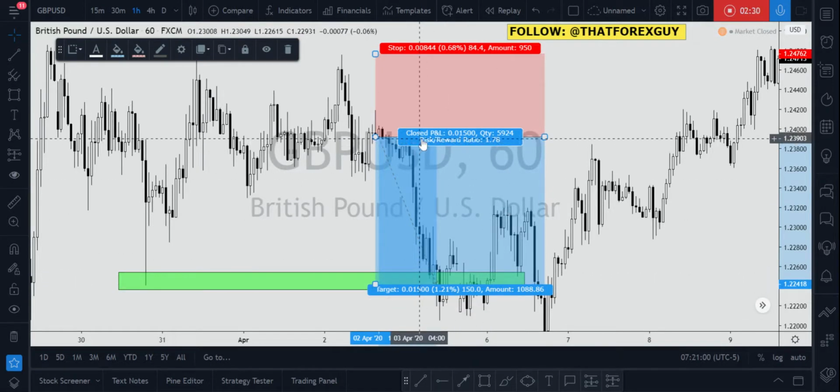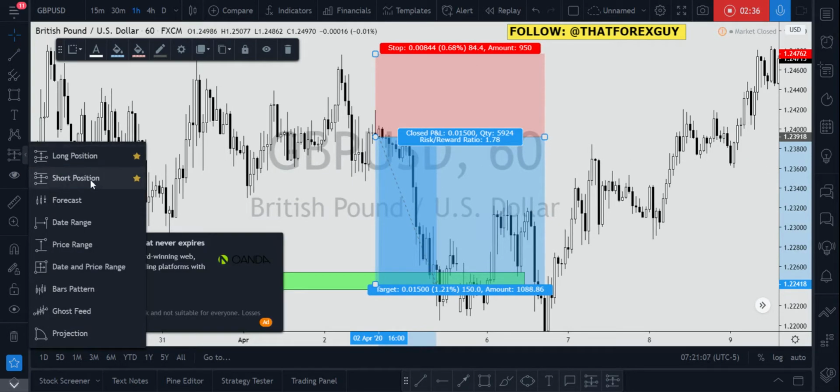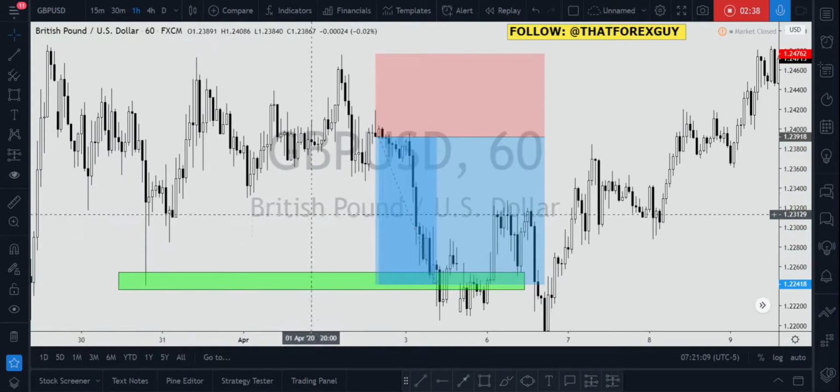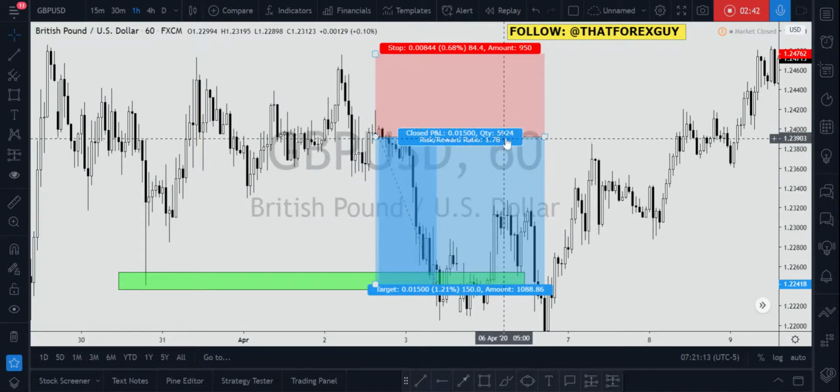We could see that our risk to reward, and also think about this short and long position tool, which is right here, basically tells you your risk, your reward, and the risk to reward ratio. Now we can see that our risk to reward ratio is 1.78.